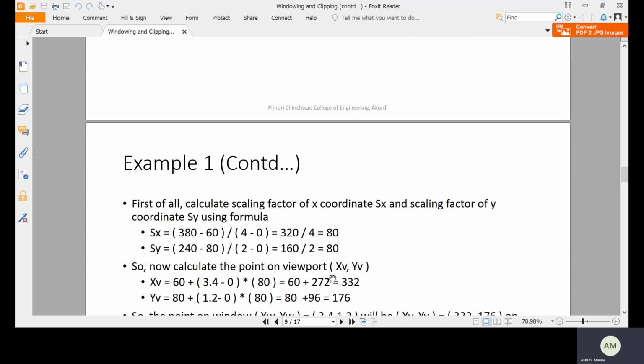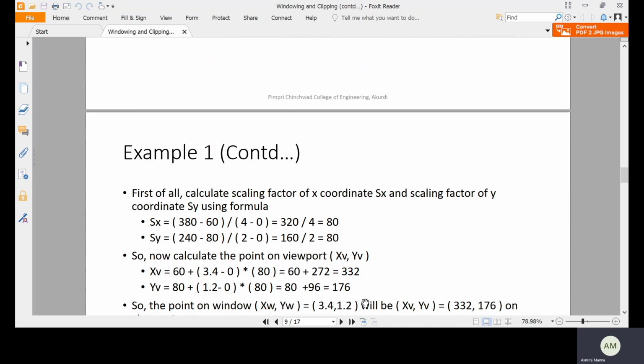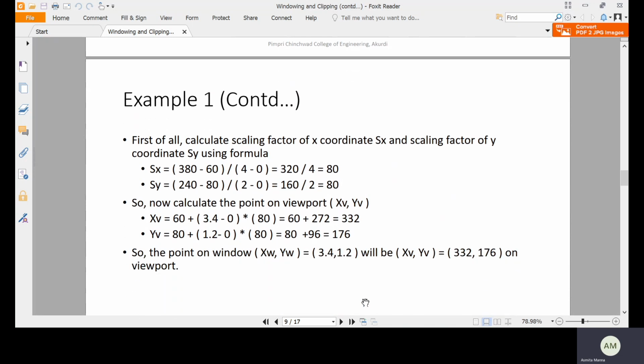If I calculate, I will get 60 plus 272 equals 332. Similarly, yv equals 80 plus 1.2 minus 0 whole into 80, so 80 plus 96 equals 176. So the equivalent point of 3.4, 1.2 in the world coordinate system is 332, 176 in the viewport.